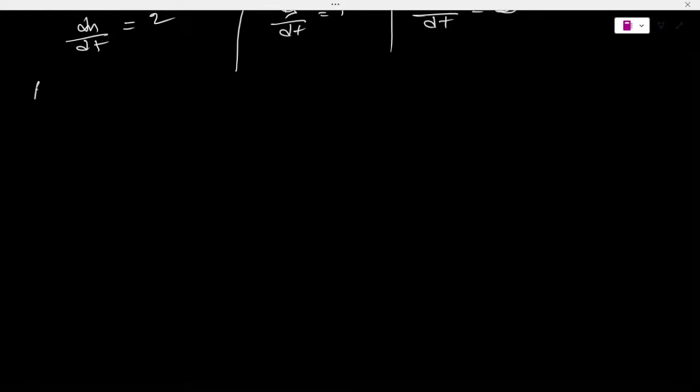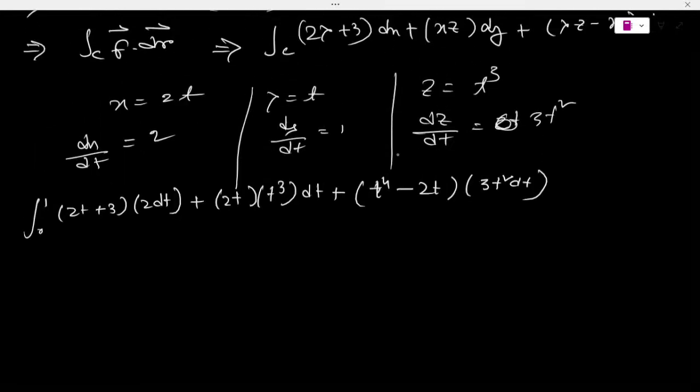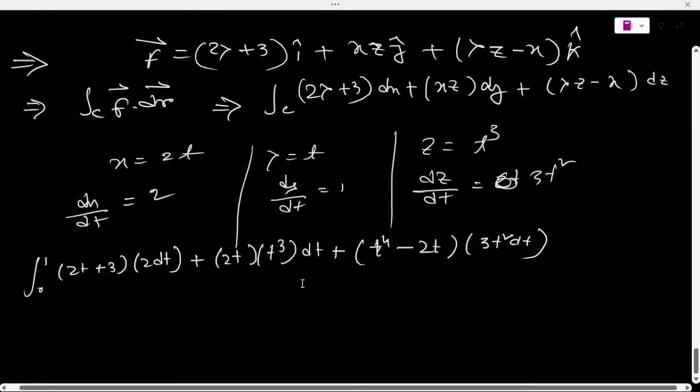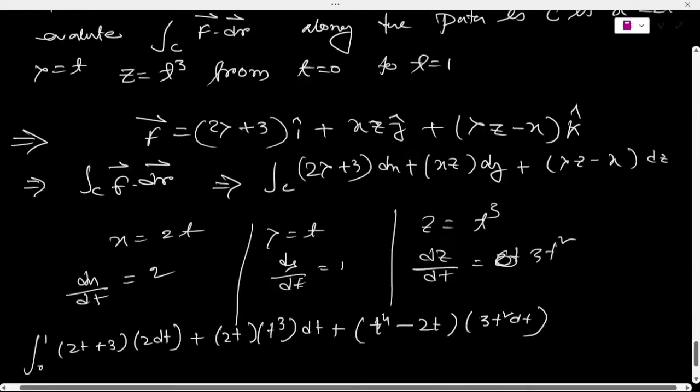So as per the integration, 0 to 1, (2t plus 3) into 2 dt, plus 2t into t to the power 3 dt, plus t to the power 4 minus 2t into t square dt. Basically here I write the values of x, y and z.